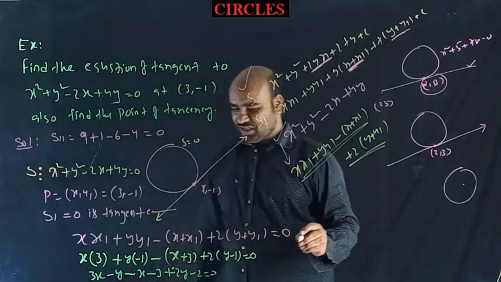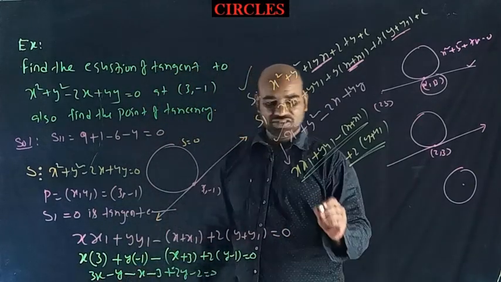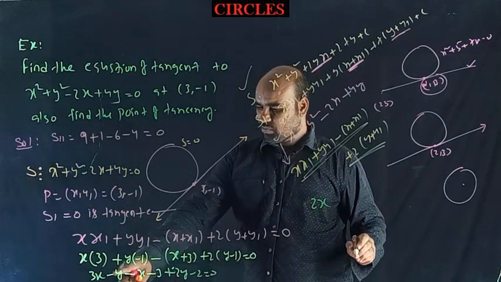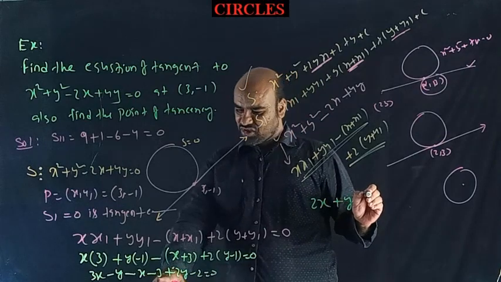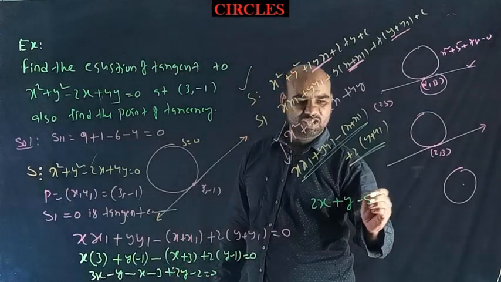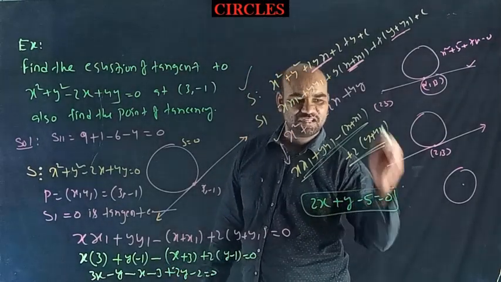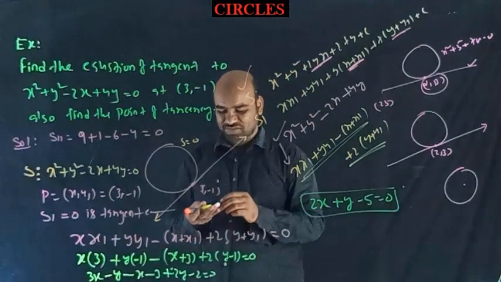So 3x minus x is 2x, minus y plus 2y is plus y, and minus 3 minus 2 is minus 5, equal to 0. This is the equation of the tangent.